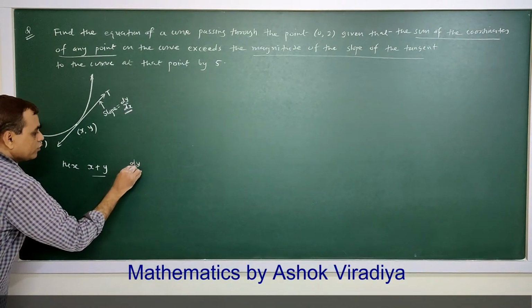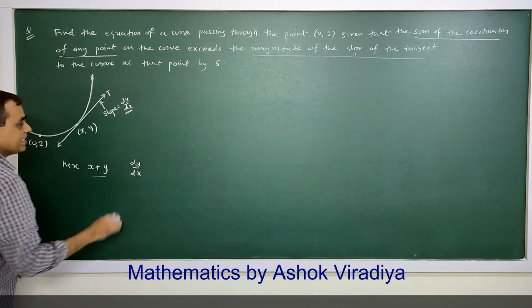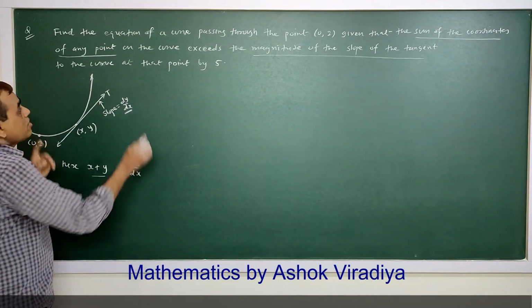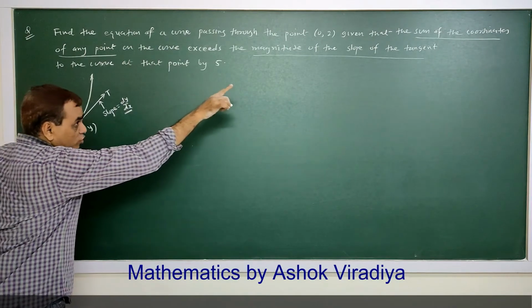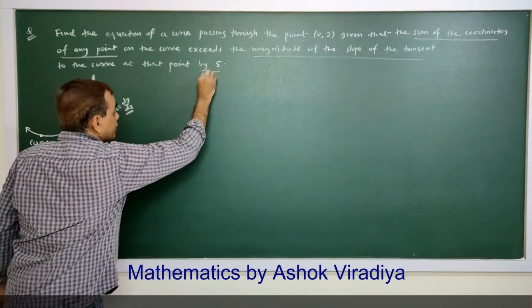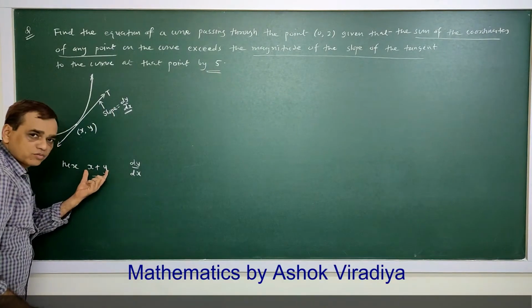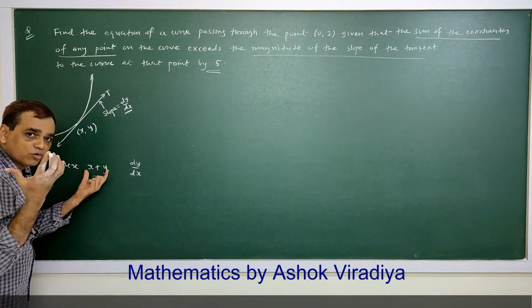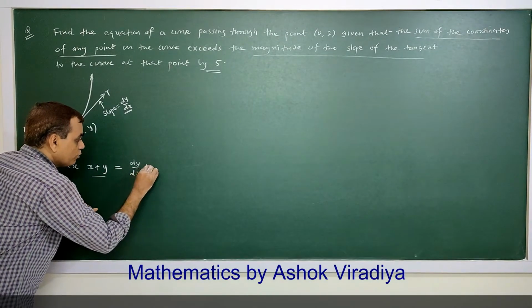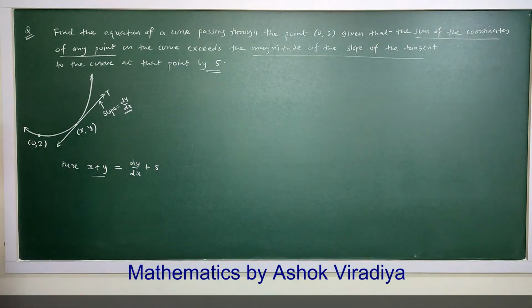This is magnitude of slope of tangent. Now this exceeds magnitude of slope of tangent to the curve at that point by 5. So this is more. This is 5 more. So to join these values by sign of equality, we should put here plus 5.